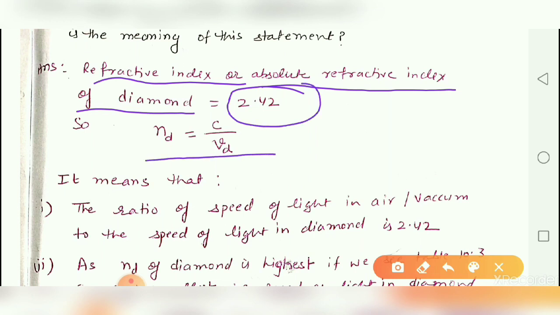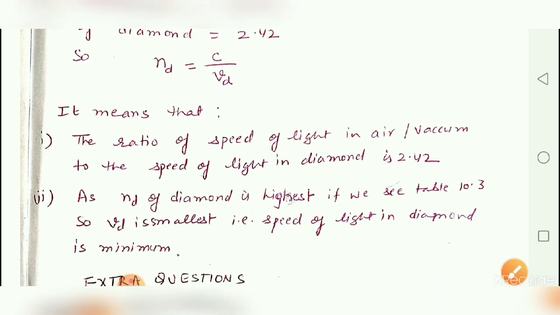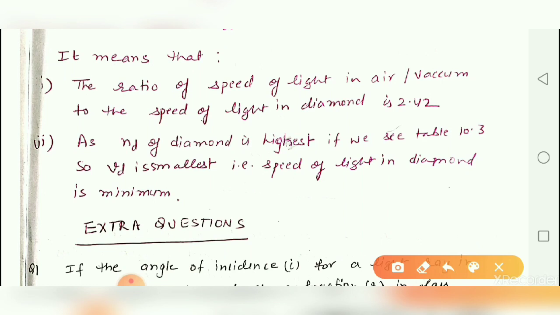So this is the formula of absolute refractive index. What does it mean? It means that the ratio of the speed of light in air or vacuum to the speed of light in diamond is 2.42. And the next conclusion is that the refractive index of diamond is highest, as we see in table 10.3.